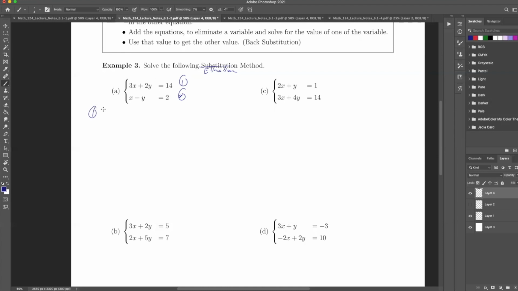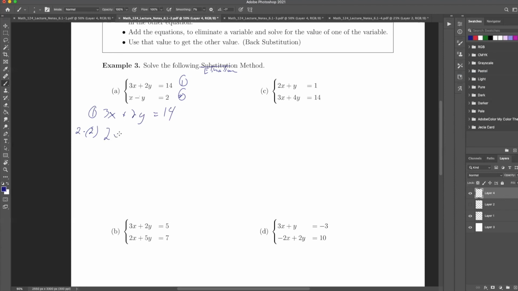I'm just going to rewrite equation 1. But in order for our elimination method to work, I'm going to take equation 2 and multiply by 2. Why? Because if I multiply everything by 2, I'll have negative 2y here, and when I add this up, it cancels out. So I usually write 2 times equation 2. That's just usually how I write it.